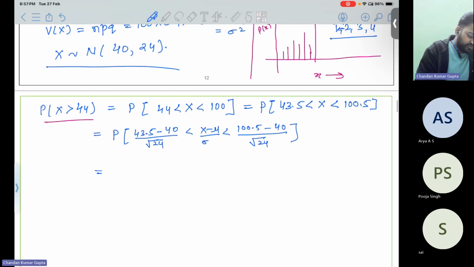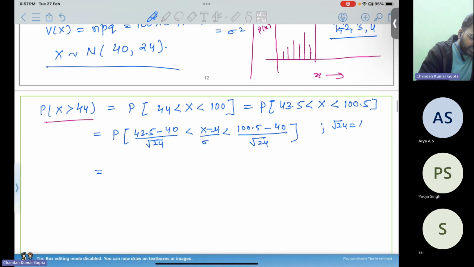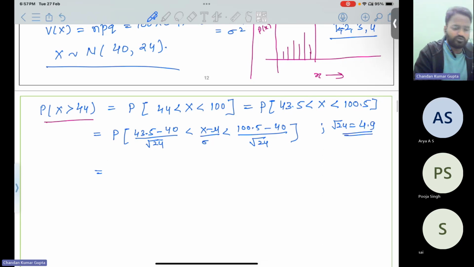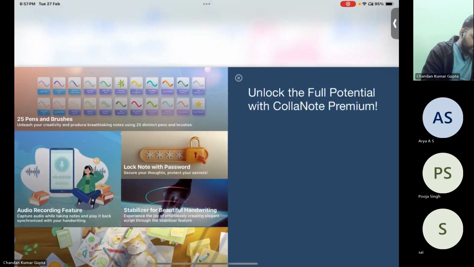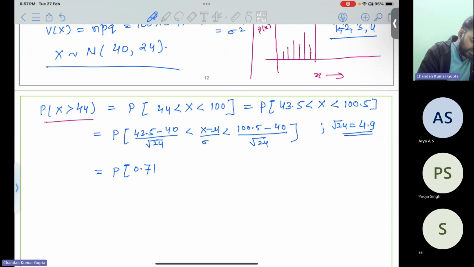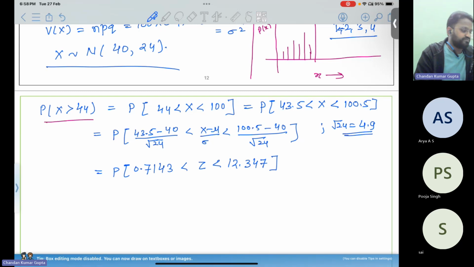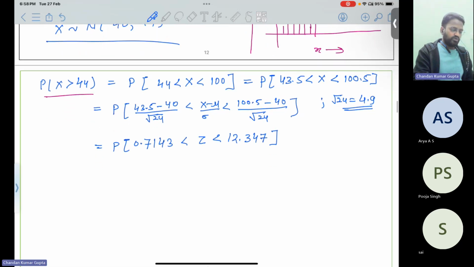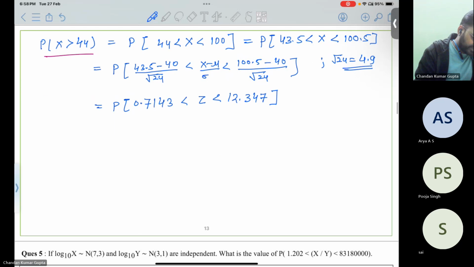So it can be written like what? Root 24 is approximately 4.9, about 5. After solving this, we will get Z around 0.7143, and the other value is about 12.347. Now again we will draw the curve.